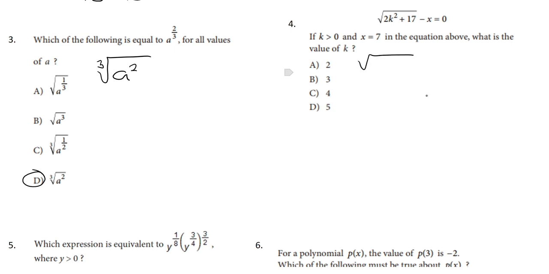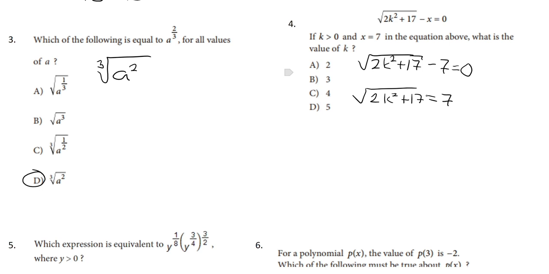And we're going to have the square root of 2k squared plus 17 minus 7 equals 0. We can add 7 to both sides, and we'll have the square root of 2k squared plus 17 equals 7.